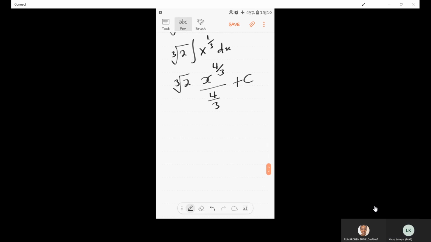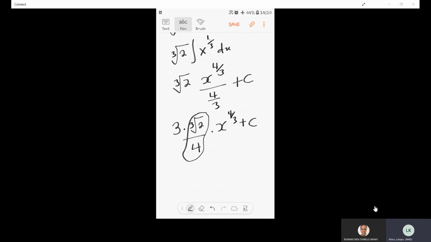Excuse me. Then we can simplify this. This is 3 times the cube root of 2 over 4 times x to the power of 4 over 3 plus c. And then this over here, you can simplify it further because cube root of 2 is 2 to the power of 1/3, and 4 is 2 to the power of 2.